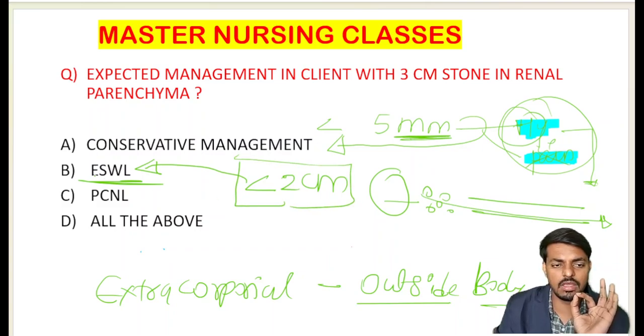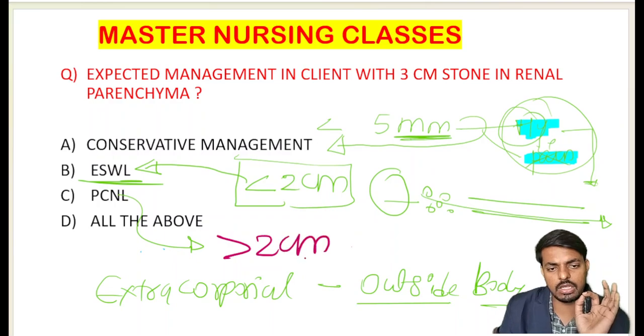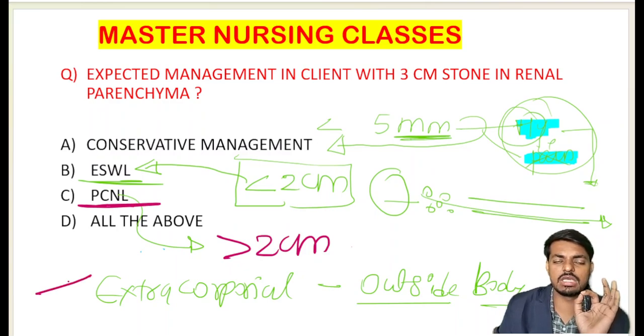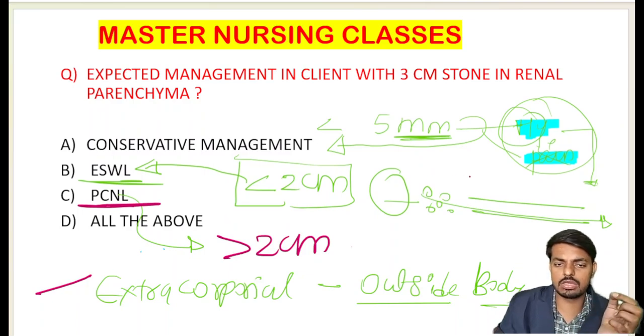If in case the stone size is more than 2 centimeter, we will use the percutaneous nephrolithotomy, where we are cutting the skin over the flank area. After that we are giving the shocks and breaking the stone from the nephrolithiasis condition, and the stones will come through the same stent.